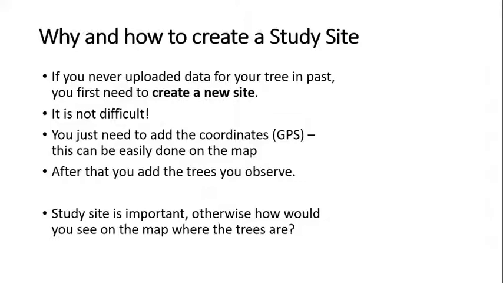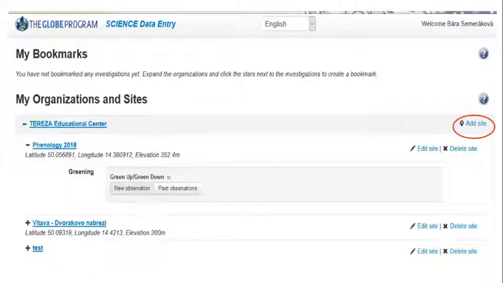We also need to say what species of tree we have there that we observe, so that it's clear also for other people. If they want to compare, for example, birch tree to birch tree in another country, they need to know that it's you who measured birch tree. So how do we do that?